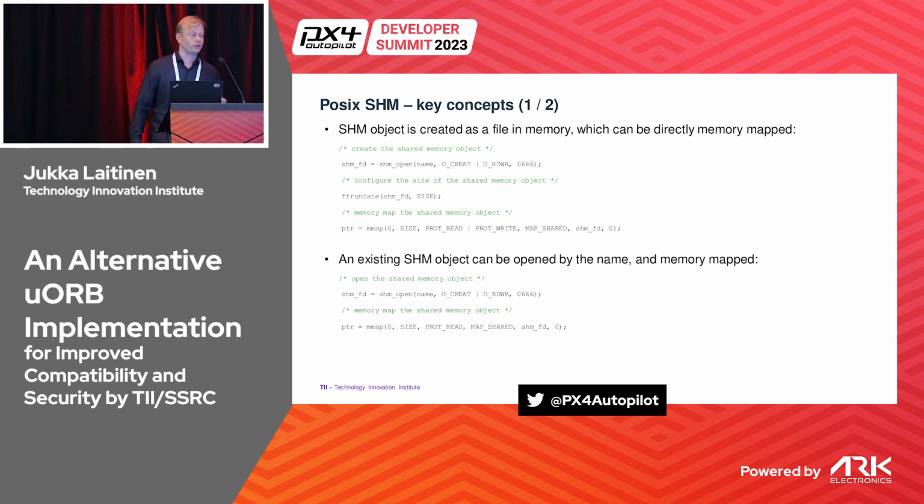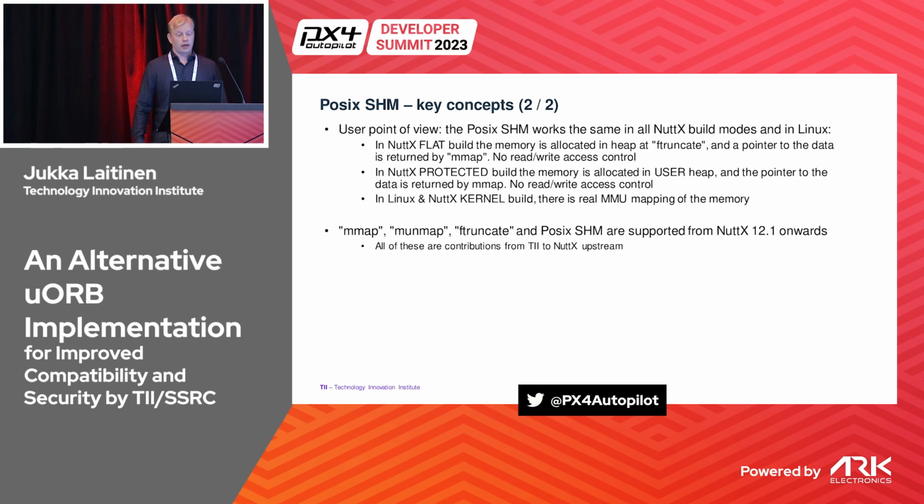When you get the pointer, you have a reference to it, and it's not going anywhere, so you use the memory directly. The subscriber does the same: it opens the named object, maps it to its own memory, and typically also closes it. And the nice thing about the POSIX shared memory interface is that it works the same in all NuttX build modes.